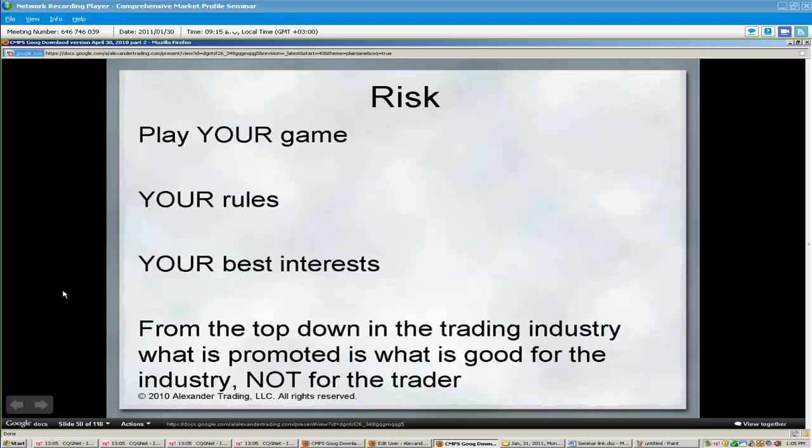It's a transaction business. Your goal should be to make as much money as possible, trading as little as possible. That doesn't work for the industry. Okay.